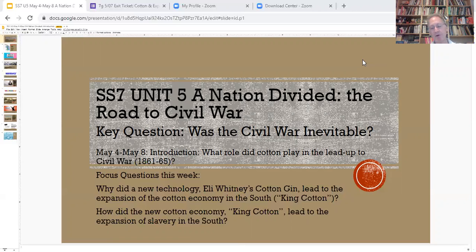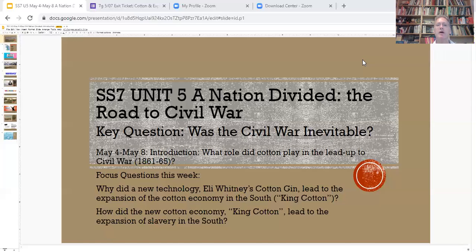The focus questions specifically this week are going to be, how did a new technology, Eli Whitney's cotton gin, lead to the expansion of the cotton economy in the South? That's our first question. And then the second focus question will be, how did this new cotton economy, King Cotton as it's known, lead to the spectacular expansion of slavery in the South?